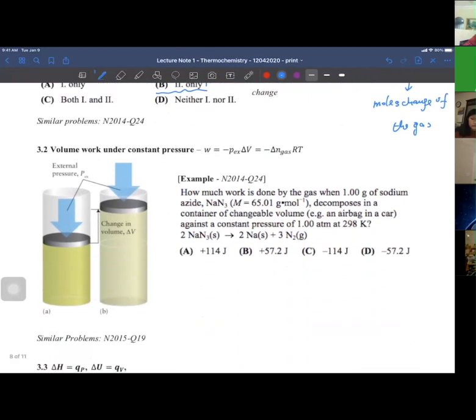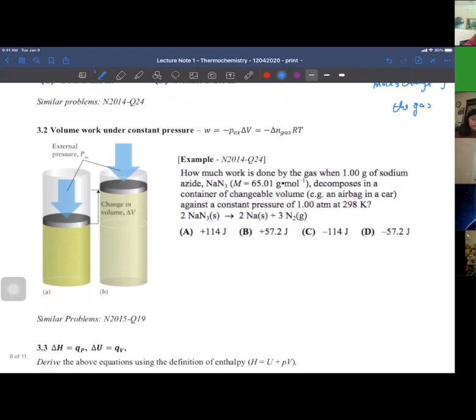Okay. And the next part is the volume work under constant pressure. We have to talk about the work is negative P delta V, and now we are going to talk about why it's like this. But by definition, work equals force times distance, right? Can you guys recall what is the definition of pressure?